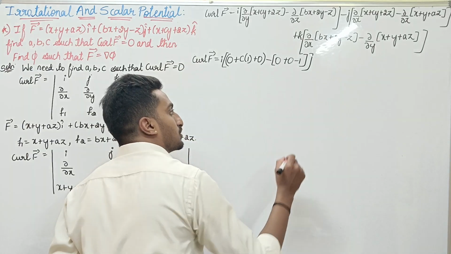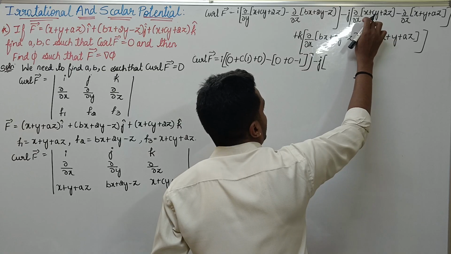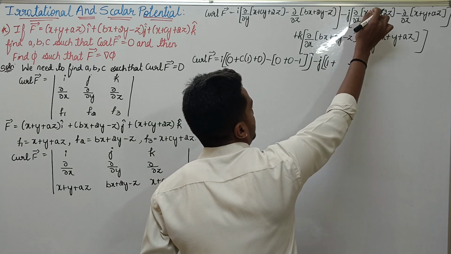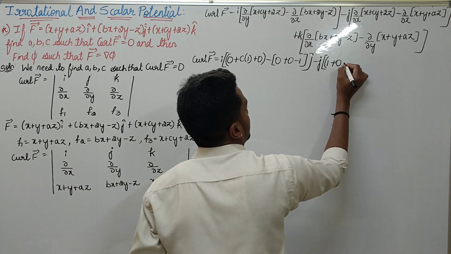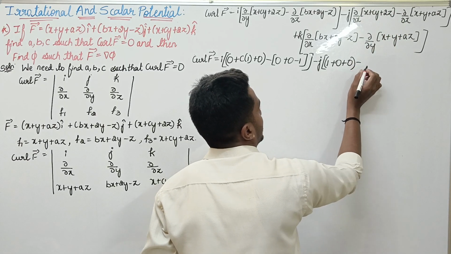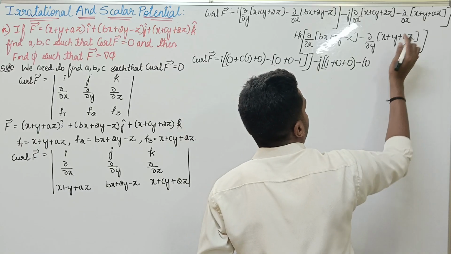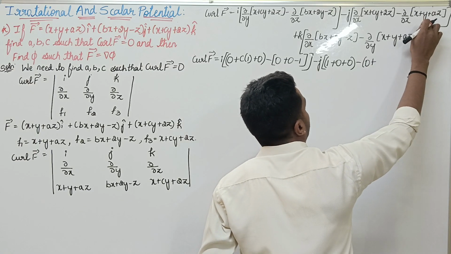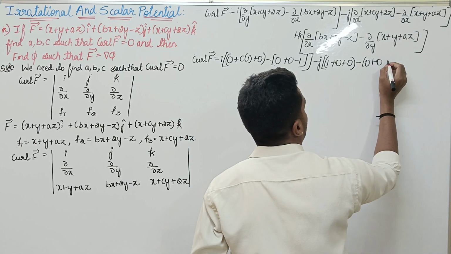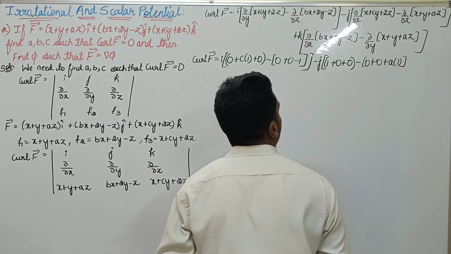Yes. Similarly, let us go with respect to j. Minus j into, differentiation of x with respect to x is 1, plus differentiation of cy with respect to x is 0, plus differentiation of 2z with respect to x is 0, minus, differentiation of x with respect to z is 0, plus differentiation of y with respect to z is 0, plus differentiation of az with respect to z is a, where a remains constant and differentiation of z is 1.